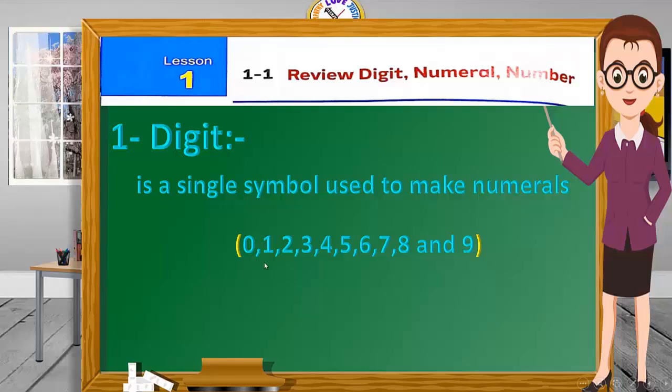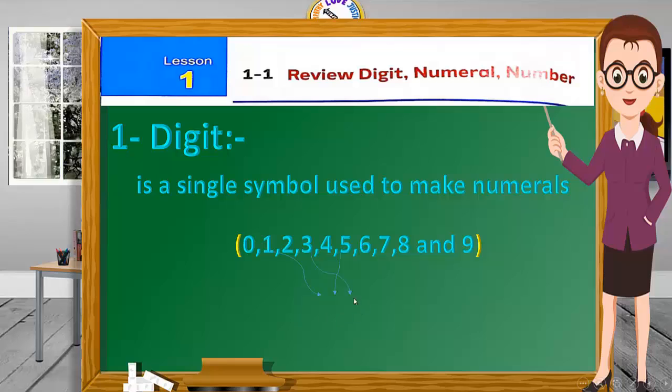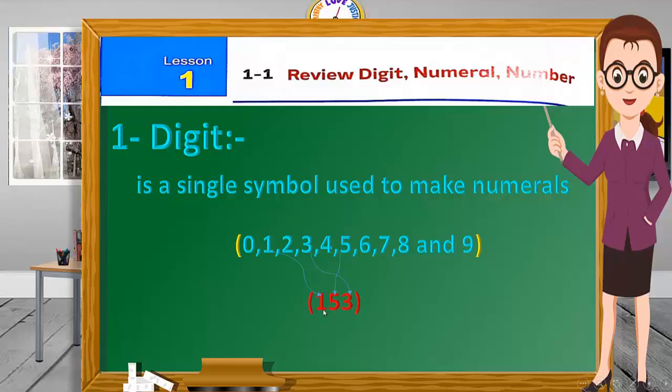0 is a digit, 1 is a digit, 2, 5, 8, 7 are digits. Any number here between these brackets is a digit. For example, if I take the numbers 1, 5, 3, and I want to make a numeral from these 3 digits, you should write 1, 5, 3: 153.